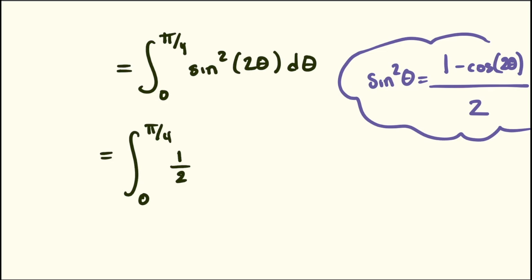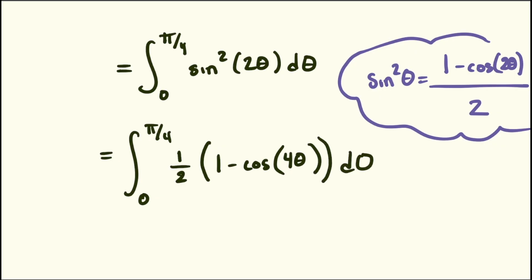So we're just going to have a 1/2 of 1 minus cosine of, and notice in our formula here, we start off with a theta and we end up with a 2 theta in our cosine. In our particular integral, we start with a 2 theta, so we are going to end with a 4 theta inside of our cosine. So now we have 1/2 of the quantity 1 minus cosine 4 theta d theta. And we are ready to integrate that.